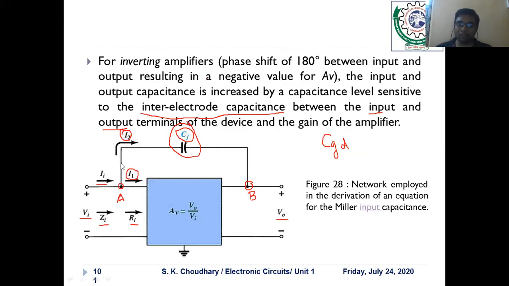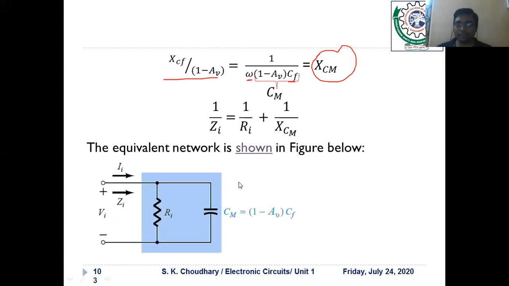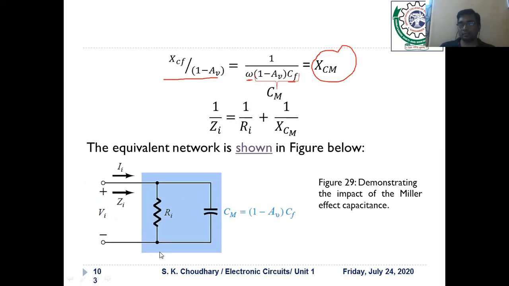We have defined all this for the Miller input capacitance. Finally we come to the conclusion 1 upon Zi is equal to 1 upon Ri plus 1 upon XCM. So as per this equation, the input network would be converted like this.